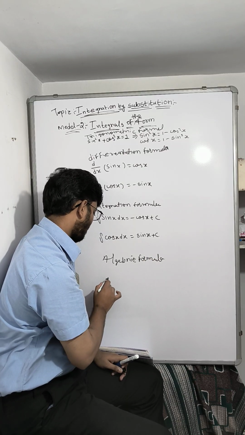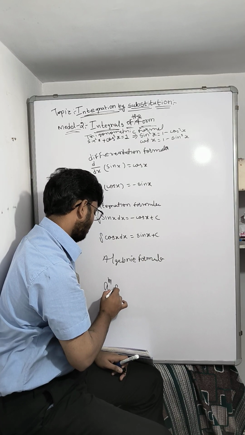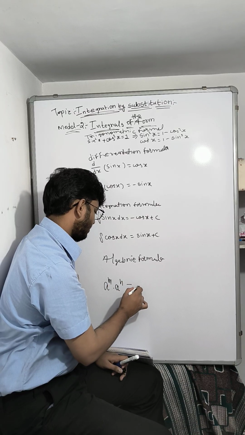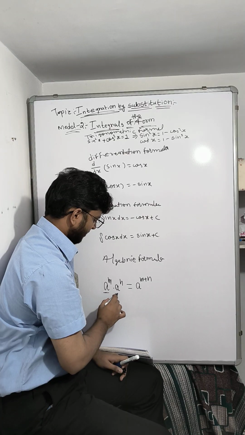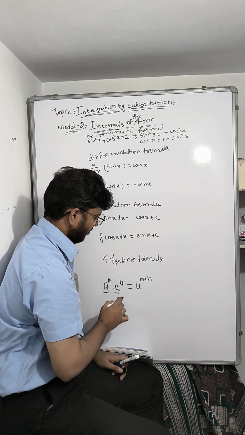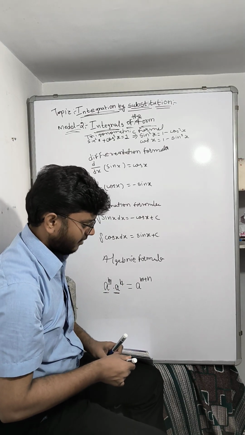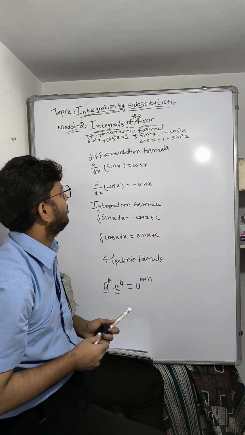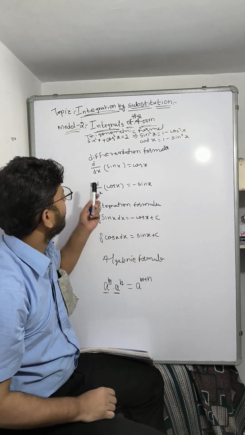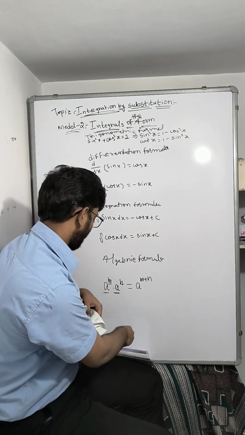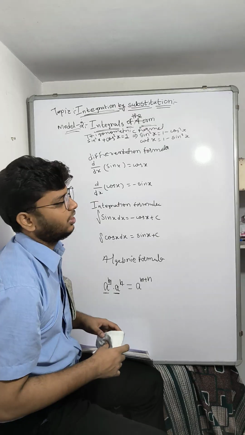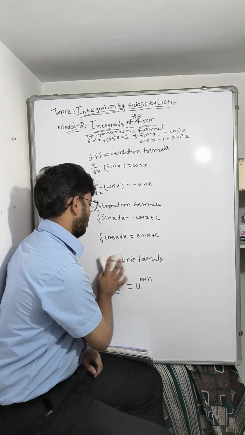Algebraic formula: a to the power of m into a to the power of n means a to the power of m plus n. Bases are equal, powers should be added. This is the overview of the formulas of model number 2. Now we can go for the problem to solve.